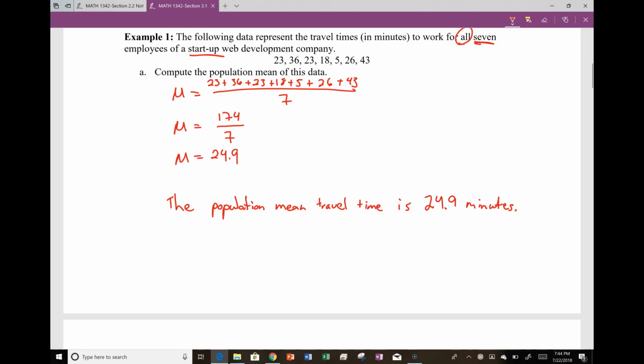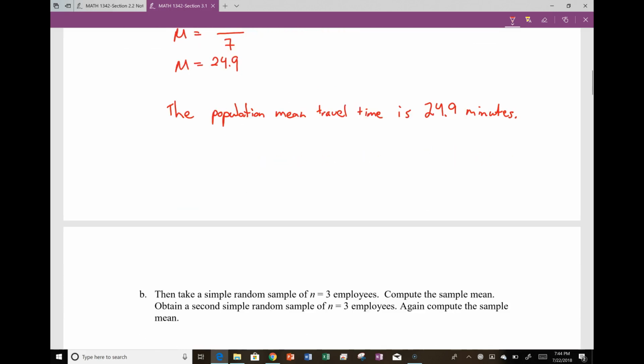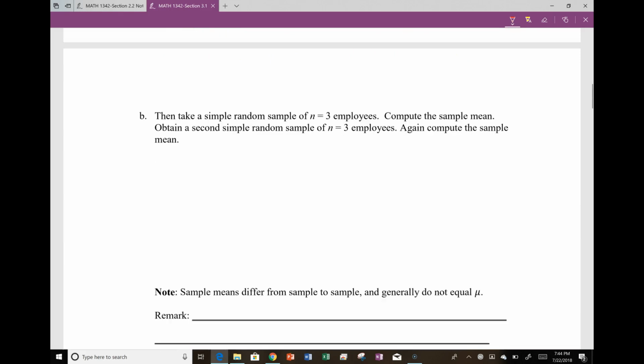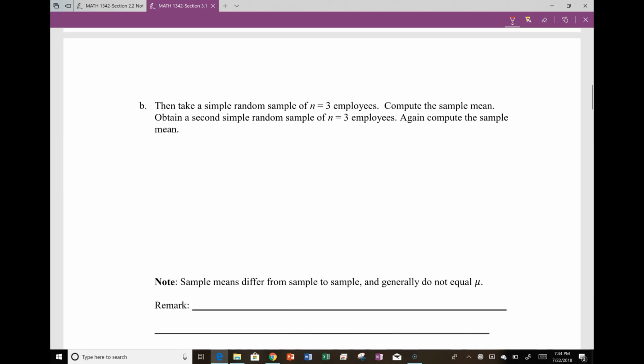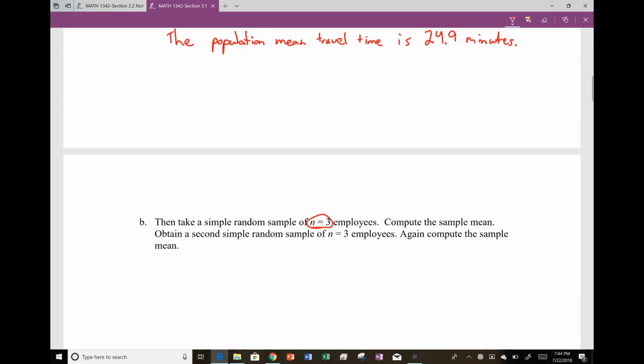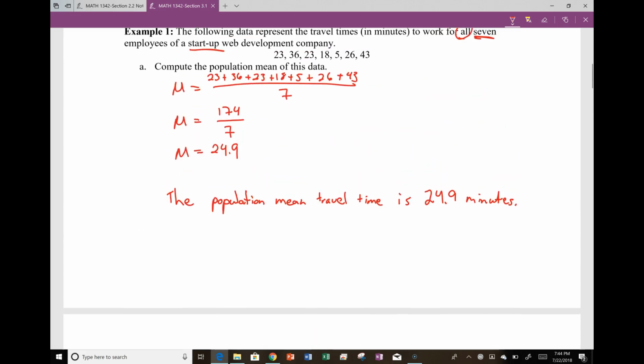Let's look at part B of the same situation. Part B says take a simple random sample of n equal to 3 employees, meaning 3 employees from the population above, and we want to find the mean of those 3 employees.